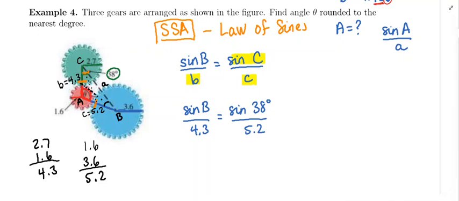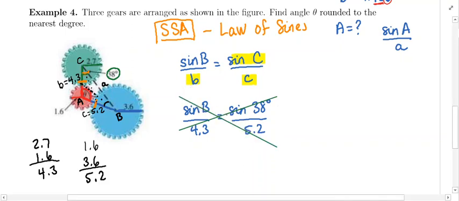Okay, so we have one fraction equal to another, so we can cross multiply. So this times this has to equal this times this. This is going to tell us that 5.2 times the sine of B is equal to 4.3 times the sine of 38 degrees.